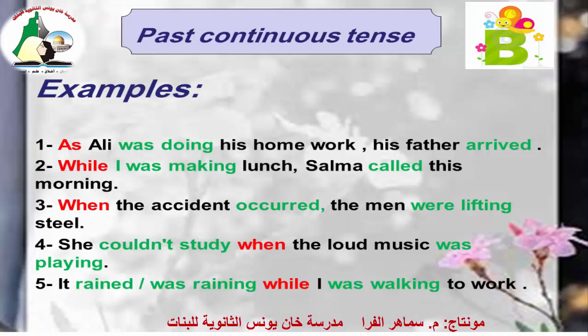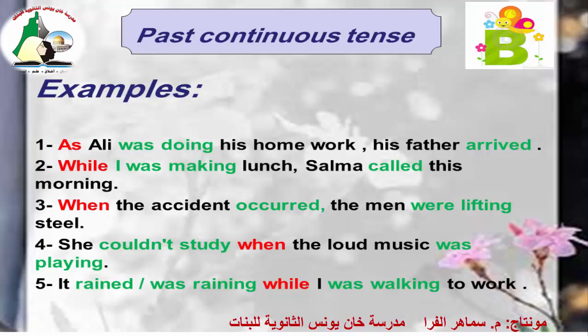It rained or was raining while I was walking to work. Now where is the key word while? Yes. We remember while. We said that after while we use the past continuous and it is right, and the other verb is past simple. But look at this sentence. He tells me that you can use rained or was raining. Is it right? Yes, it is right.